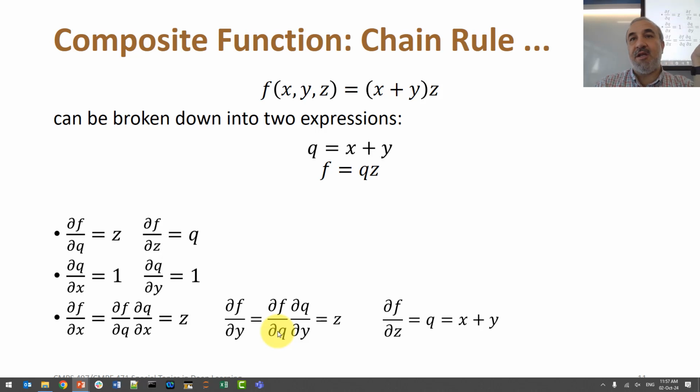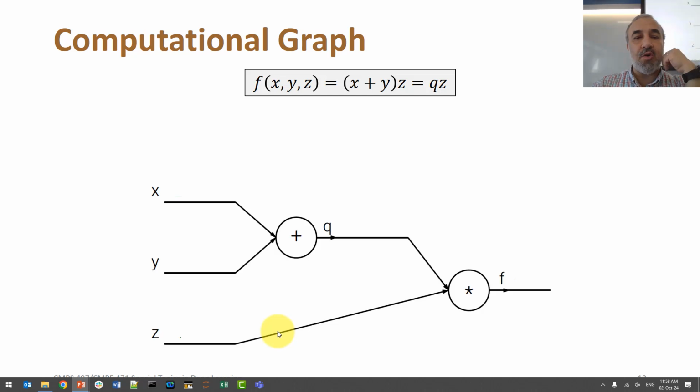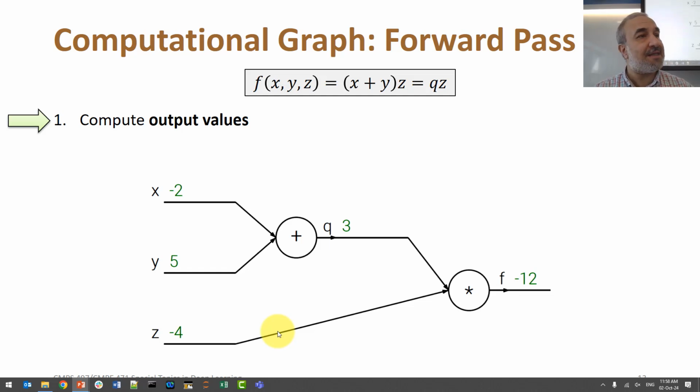So we need to know the inputs so that we can get the numeric values of the derivatives. Given the values of the inputs, we will compute all the intermediate values up to the output, from left to right. We call this the forward pass.